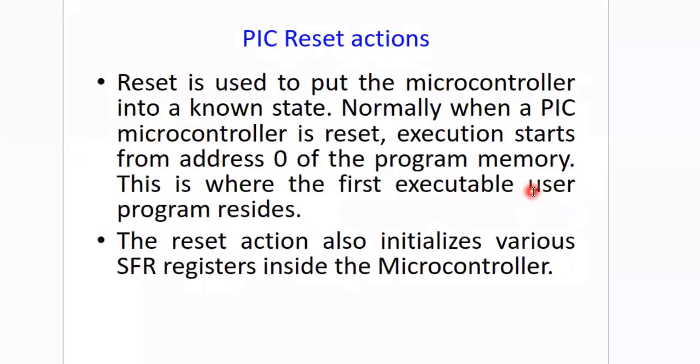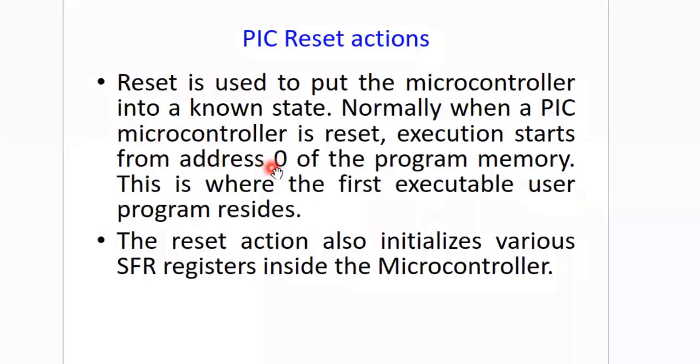Now PIC reset actions. For any microcontroller we have some facility called reset, which will reset the program, reset the controller. It means that it will put the microcontroller, a particular device, into a known or initialized state. That is nothing but the reset. Normally when a PIC microcontroller is reset, the execution starts from address 00.